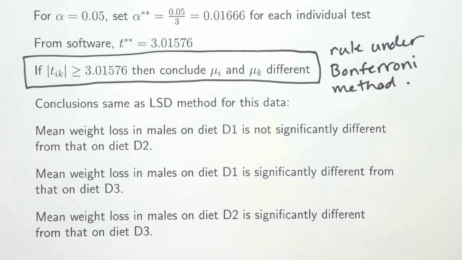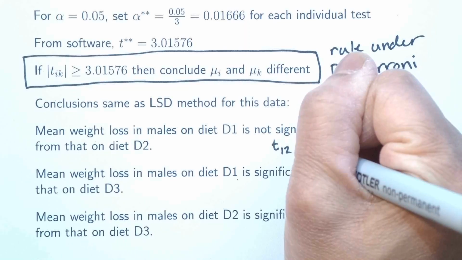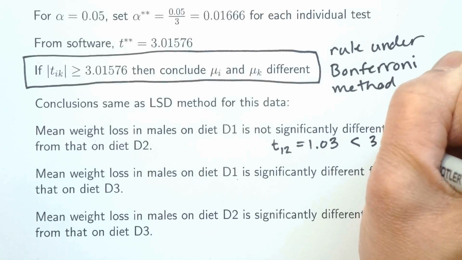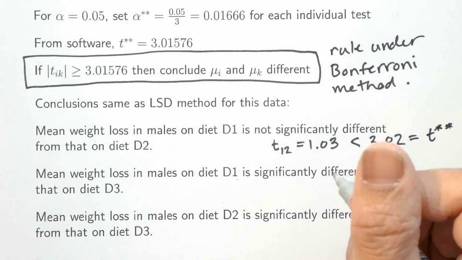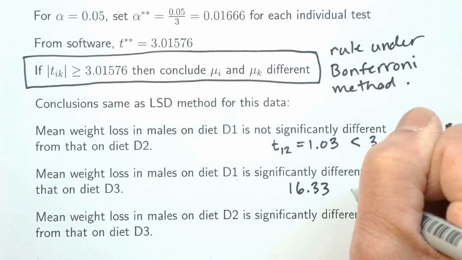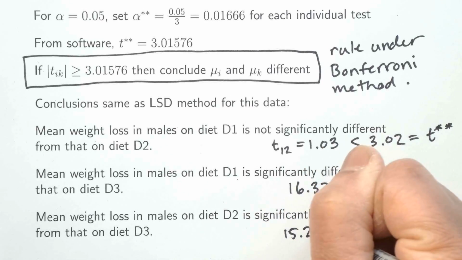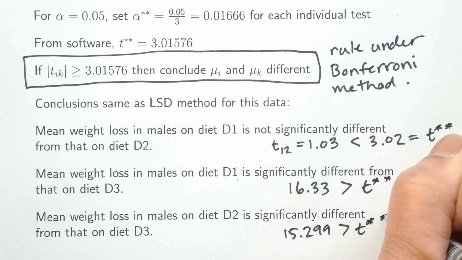When we look at the test statistics we had, we come to the same conclusion. T12 is equal to 1.03, which is less than 3.02, our T star star. Test statistic 2, 16.33, is much greater than T star star, and 15.299 was greater than our critical value T star star.